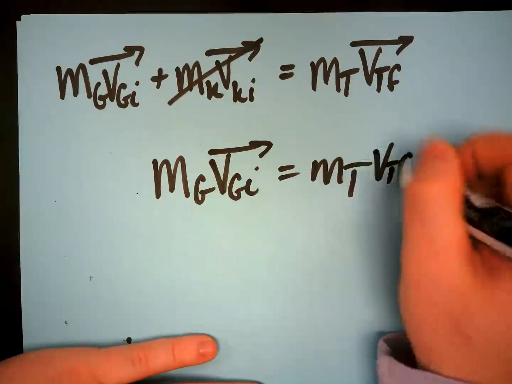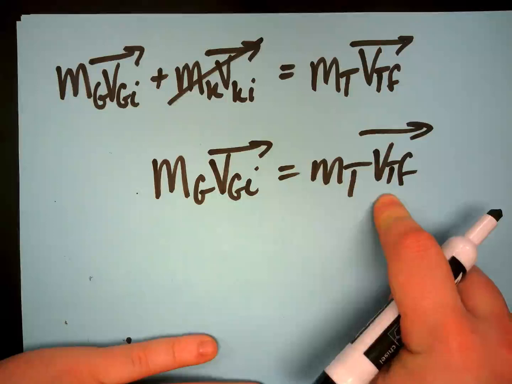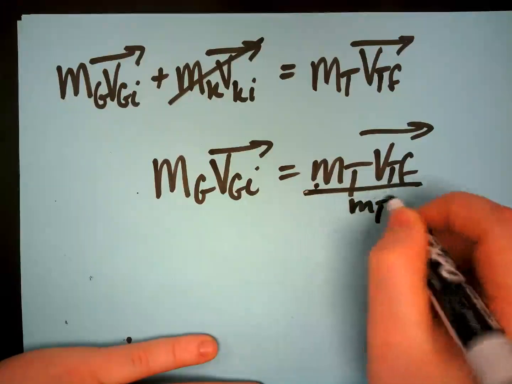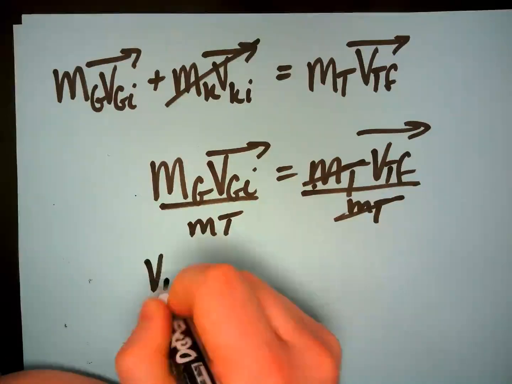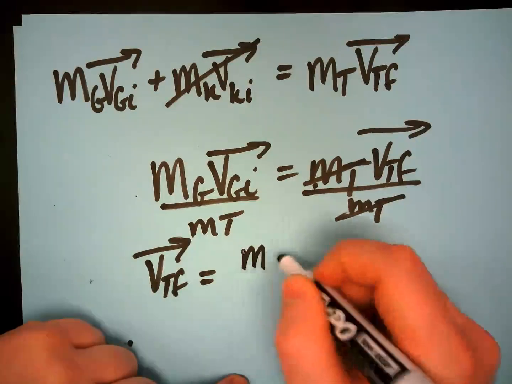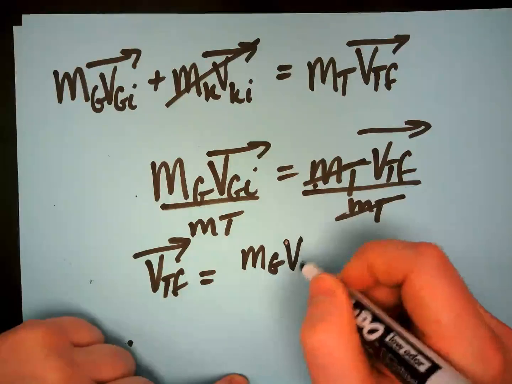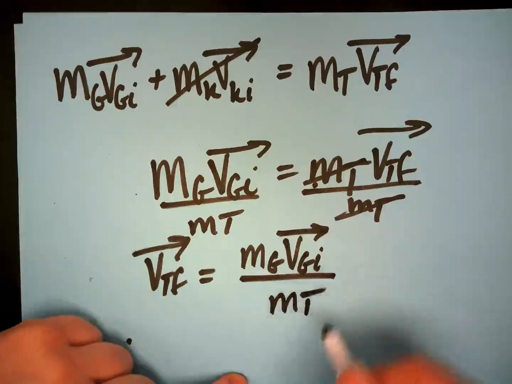And then from here, we can set it to equal this. So then we're going to divide both sides by the total mass. And then we're left with the total final velocity of these 2 individuals is equal to the initial momentum of grandma here divided by the mass of both of them.